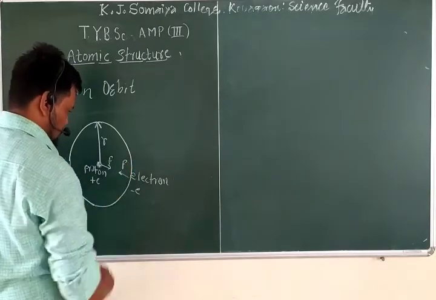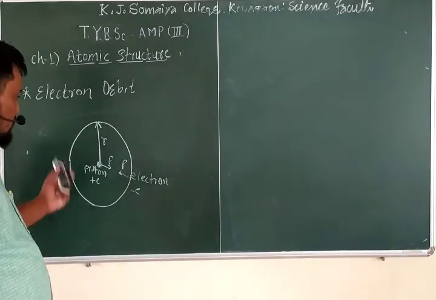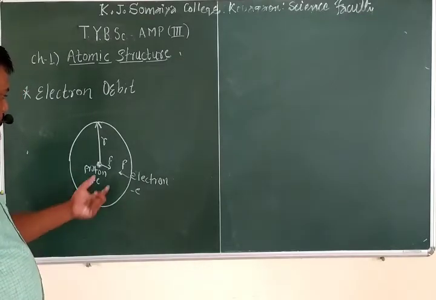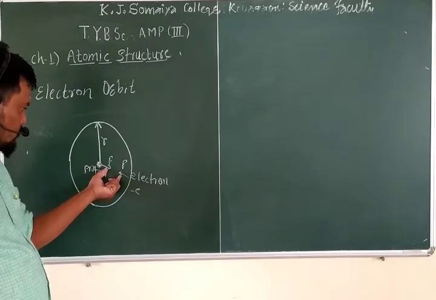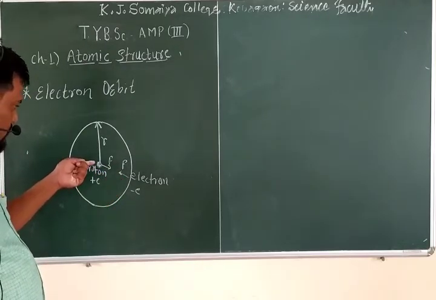So there is the electric force, and the centripetal force acting towards the center, due to plus e and minus e. The total charge on the atom is neutral, and because of these two forces the electron is bound.